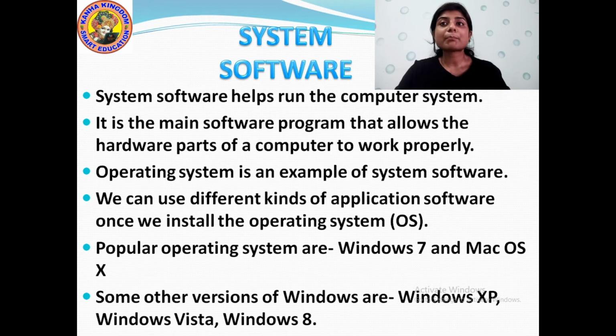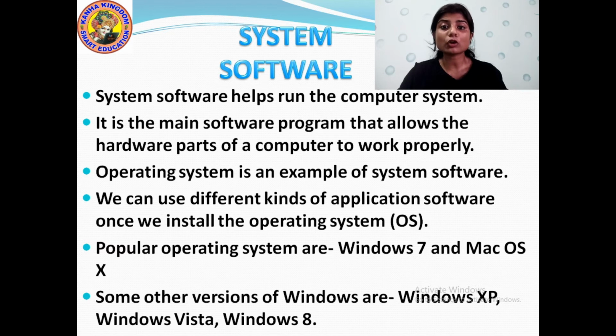Okay? It is the main software program that allows the hardware parts of a computer to work properly. System software is the main software program which allows the hardware parts like keyboard or monitor or mouse or CPU to work properly. Then operating system is an example of system software.